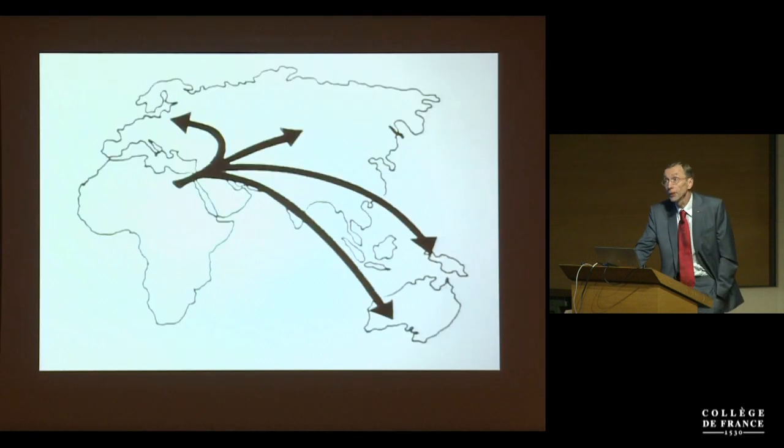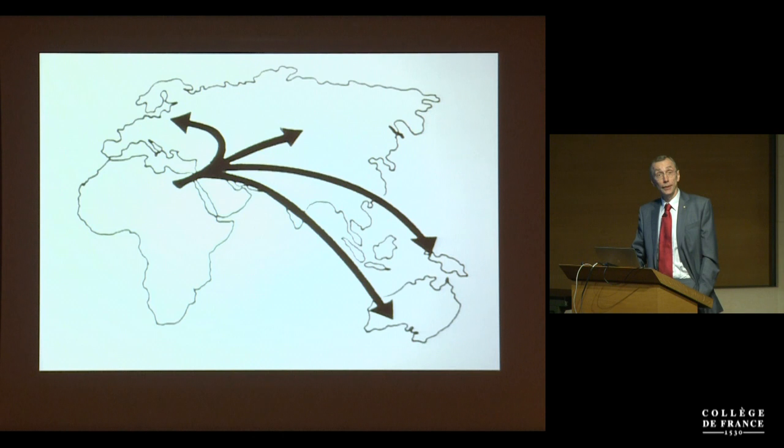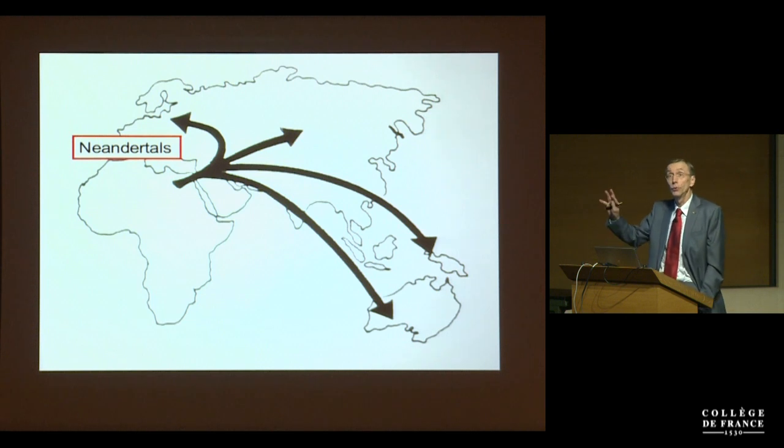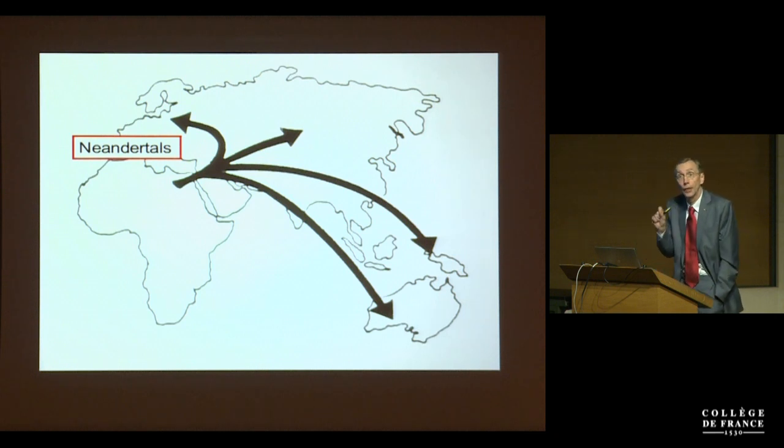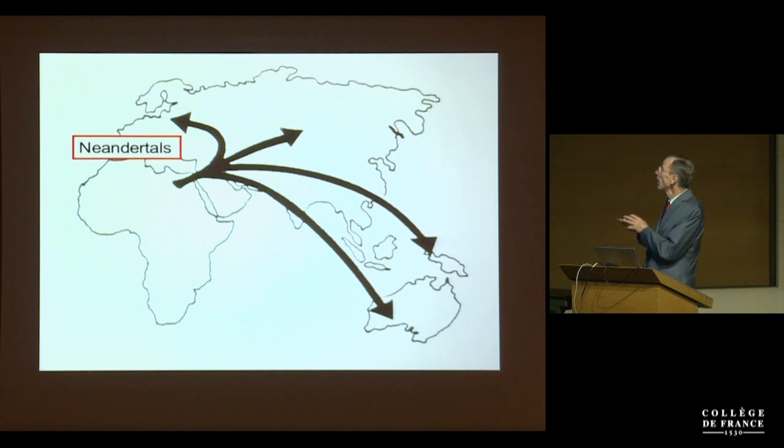So the question sort of became, how could it be that we see a contribution from Neanderthals, not only in Europe where Neanderthals had existed, but also in China and in Papua New Guinea? And the idea we suggested, that has since been proven correct by other groups and by further work from us, is that if modern humans come out of Africa, they presumably passed by the Middle East. And we know that there were Neanderthals in the Middle East.